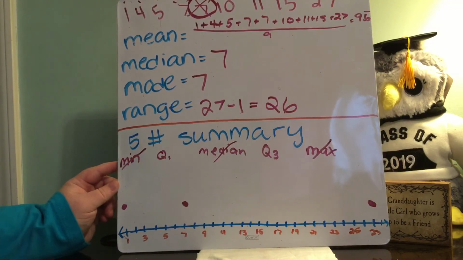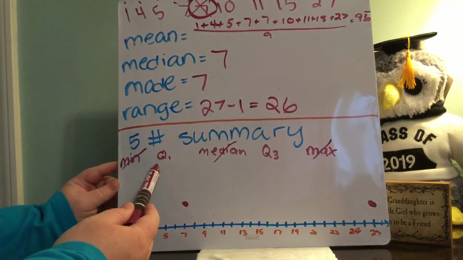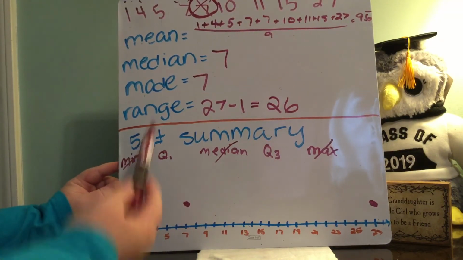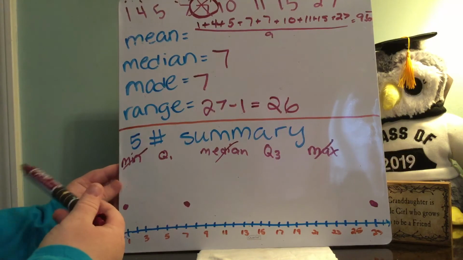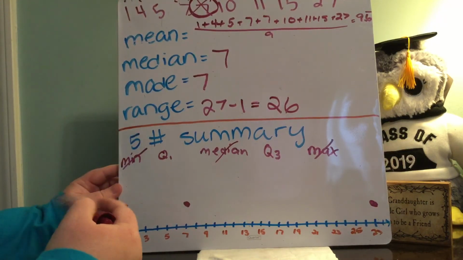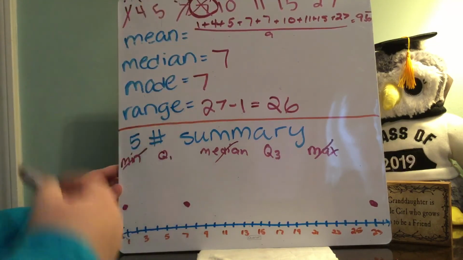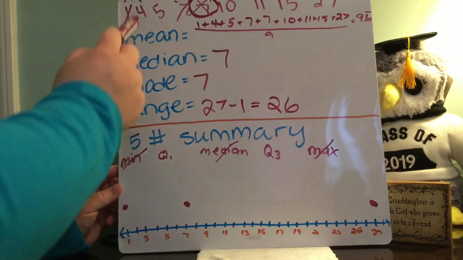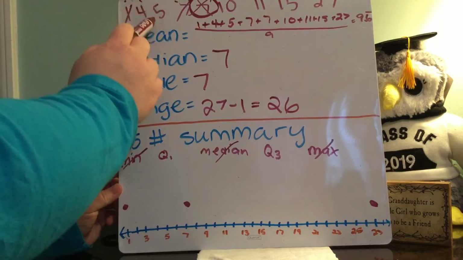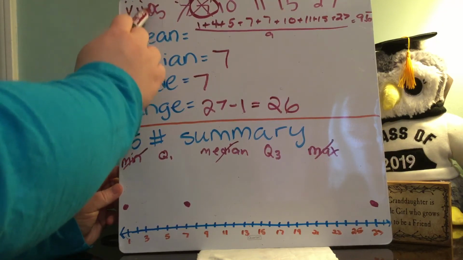So remember that the median is the middle number. For quartile 1, we're going to find the middle of these 4 numbers. So instead of putting dots above, now I'm just going to cross it out. For quartile 1, I'm going to cross out 1. I'm going to cross out 7. Now that leaves me with 4 and 5. If I cross those out, I don't have anything in the middle there.